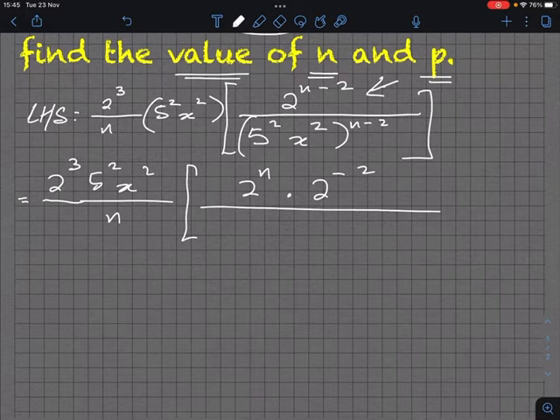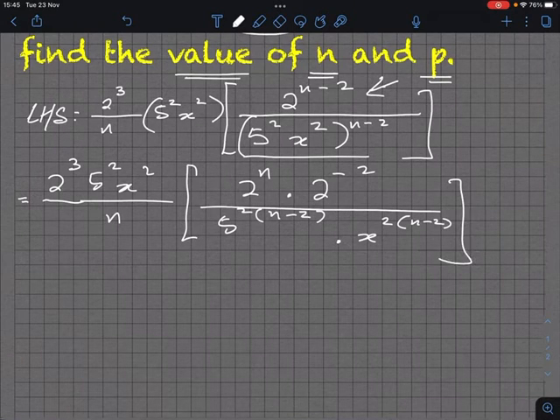And this, we open up the bracket, that means 5 square bracket n minus 2, split them up again, multiplied by x 2 and n minus 2.